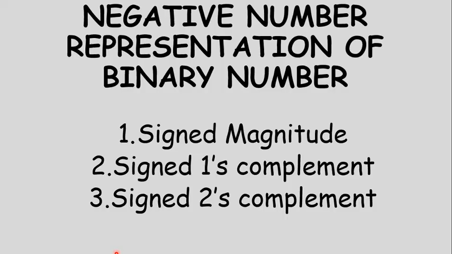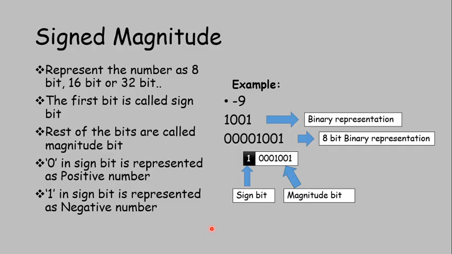Then we will do the operation. Negative number representation of a binary number can be defined in three ways. The first one is sign magnitude, the second one is signed one's complement, and the third one is signed two's complement. First, see the sign magnitude form.